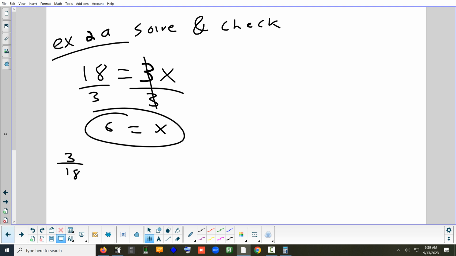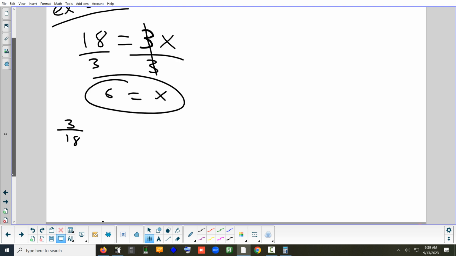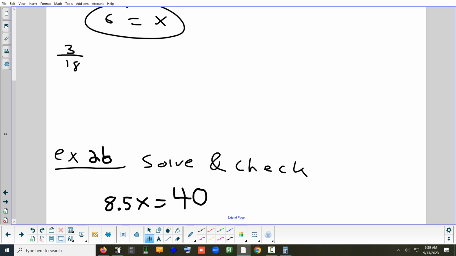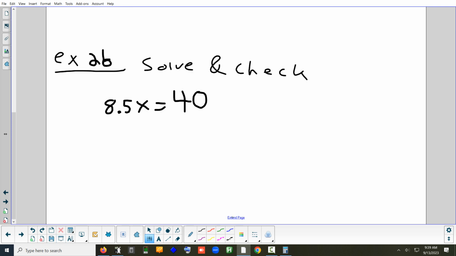Do I have an example 2B? Oh, there it is. Okay, so try that one. If you get stuck because you need a calculator, that's okay. Just go as far as you can until you would need a calculator, and then we will go over it. Oh, the different cases?